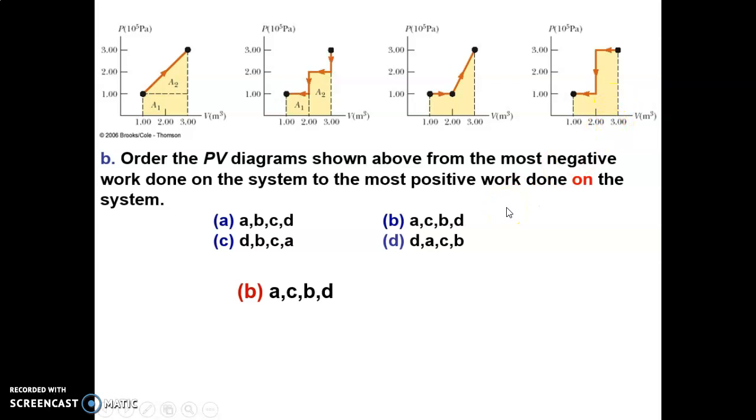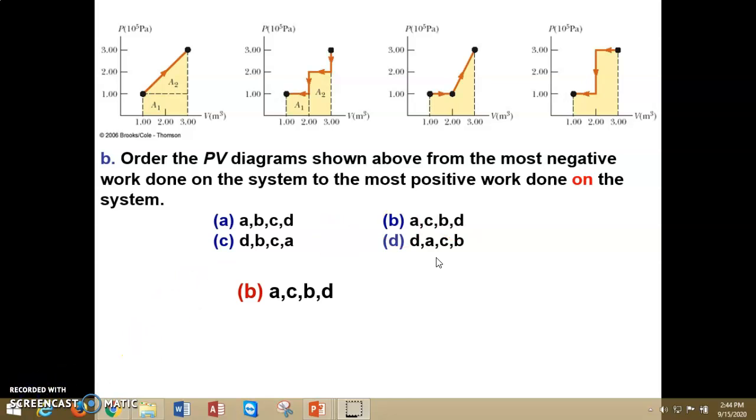Of course, we have to look closely at the shapes to make sure of these areas. Here A is a larger area than C. And it looks like B is bigger than D. Remember, that's asking from most negative to most positive.